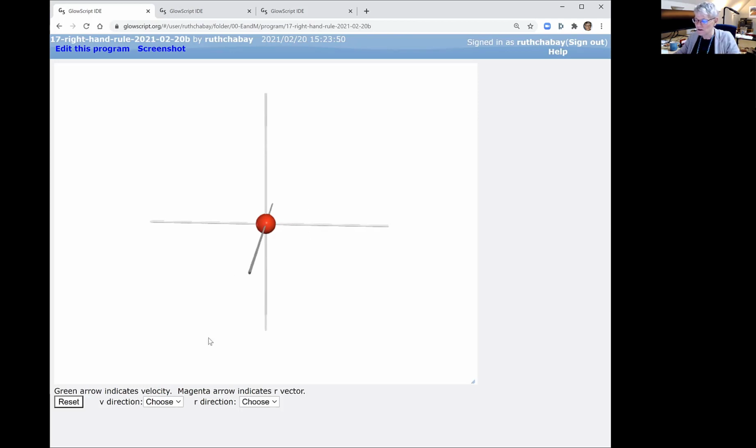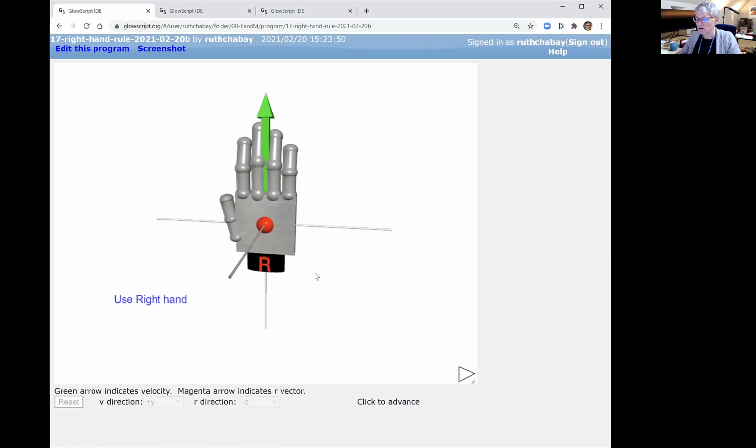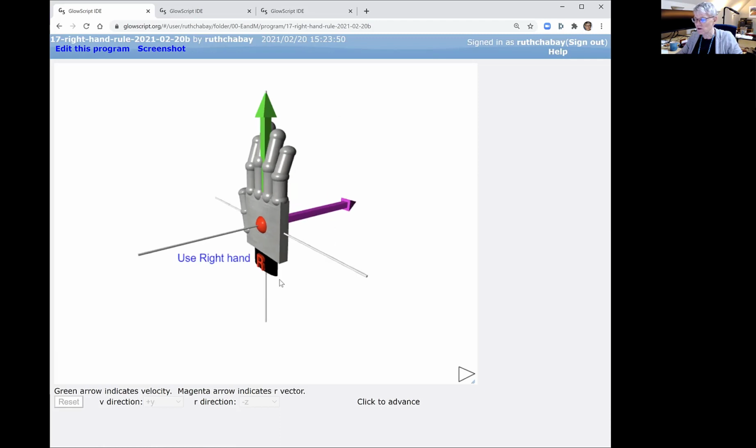So let's just try some things. If we choose plus y and minus z, there are only really two things to try, so it's trial and error. We know minus z is the direction of where the observation location is. So let's just see what happens. We orient our fingers, we use our right hand, point our fingers in the direction of the motion of this imaginary positive charge. We actually don't have to rotate our wrist.